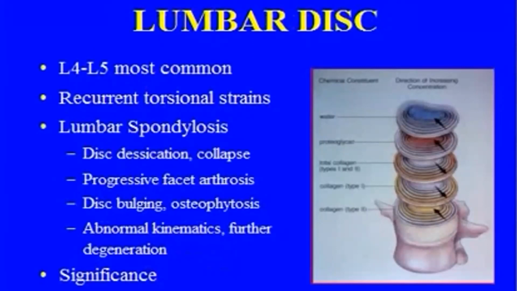They have disc desiccation, the load is on the posterior facets, and they end up having degeneration. Also, they will have disc bulging, osteophytosis. They have abnormal kinematics with further degeneration.